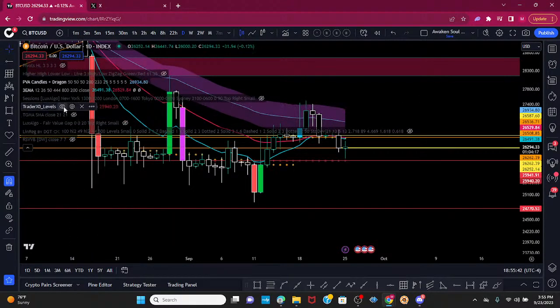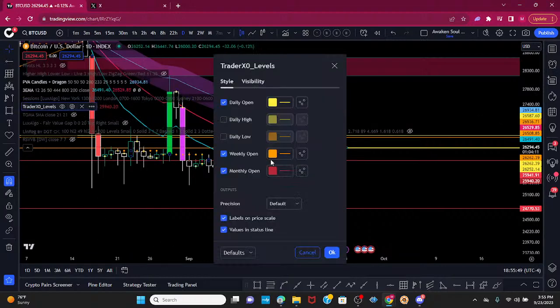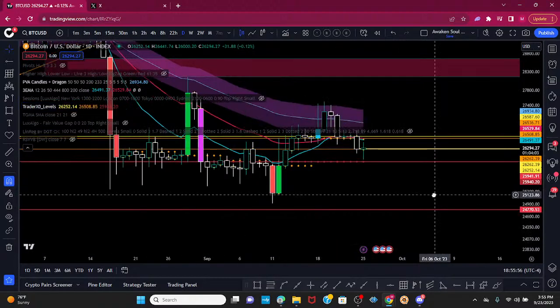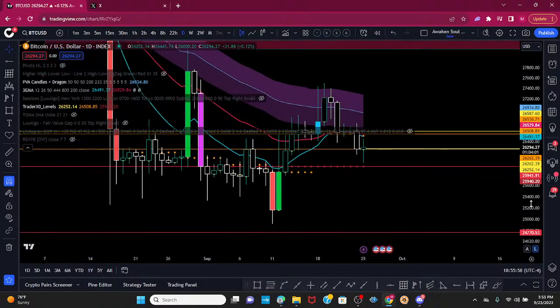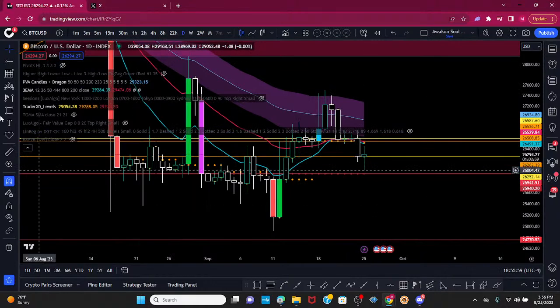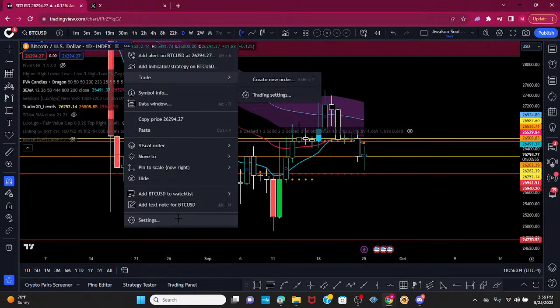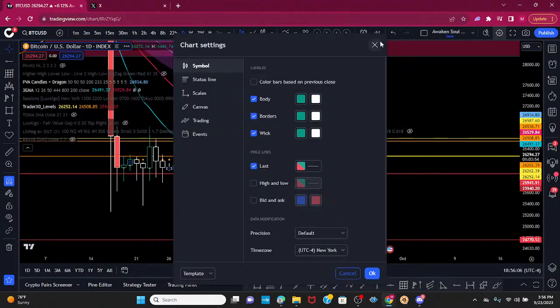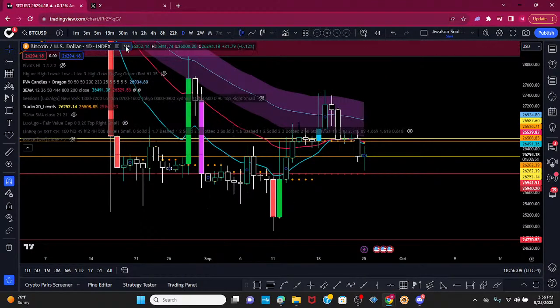Another great indicator is the Trader EXO levels. I really like it. It's the daily open, the weekly open, and the monthly open. And here, what I like to do is turn off the candles.